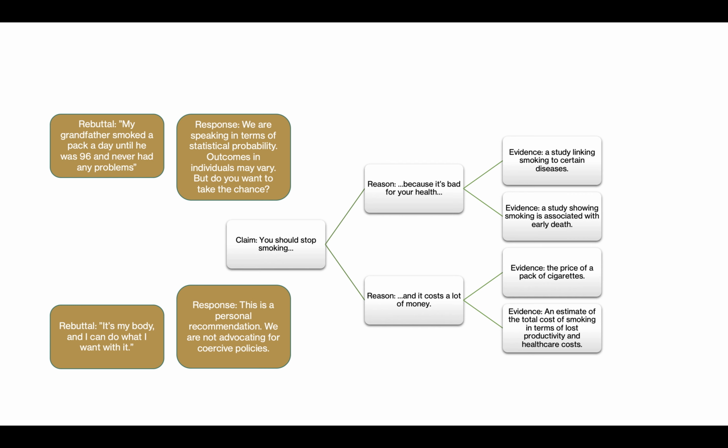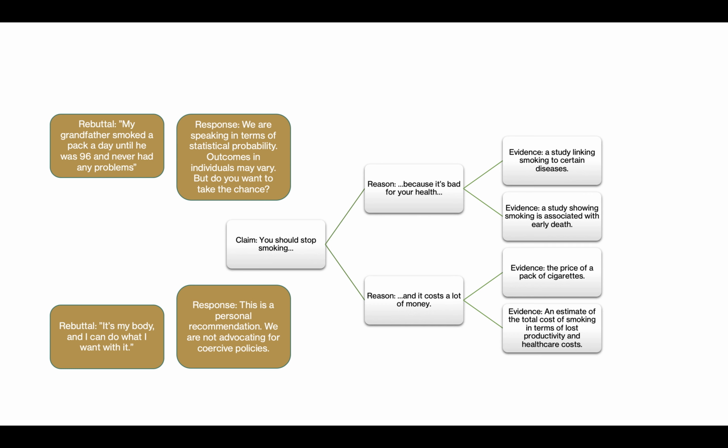Okay, so my friend might say in response, well, I see all of that medical evidence that you've shown me, but my grandfather smoked a pack a day until he was 96 and he never had any problems. And again, this gets to the weakness of that particular warrant, because like we said, population-level studies, or studies of how some behavior affects the health of a very large group of people, don't necessarily tell us about what is going to happen to any one individual.